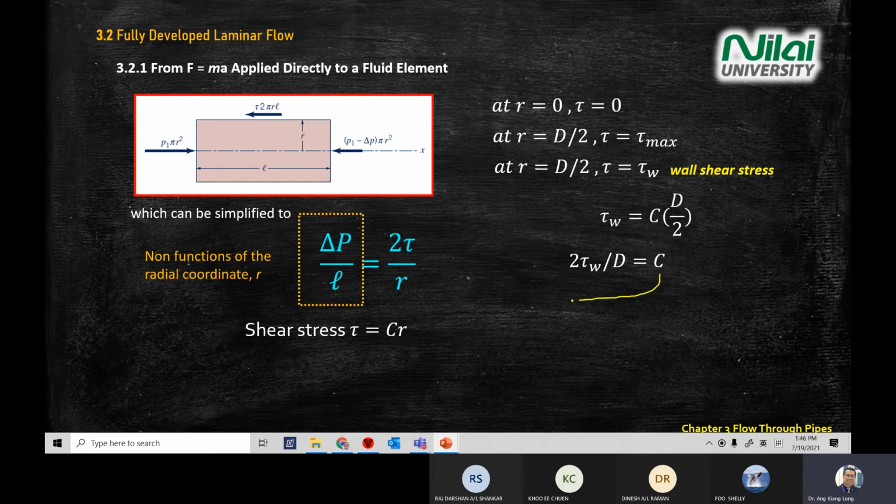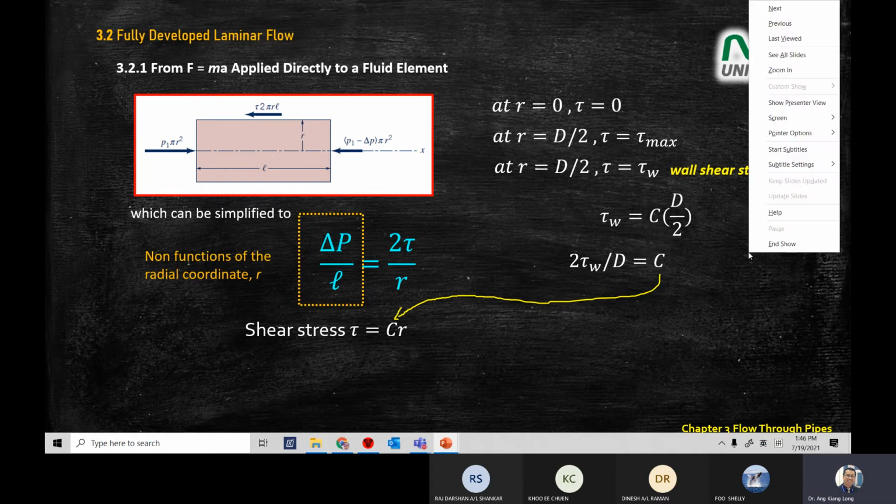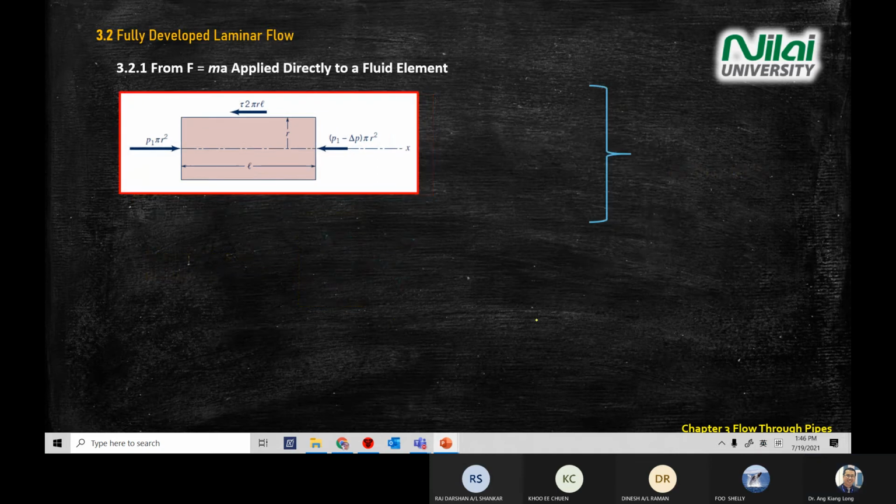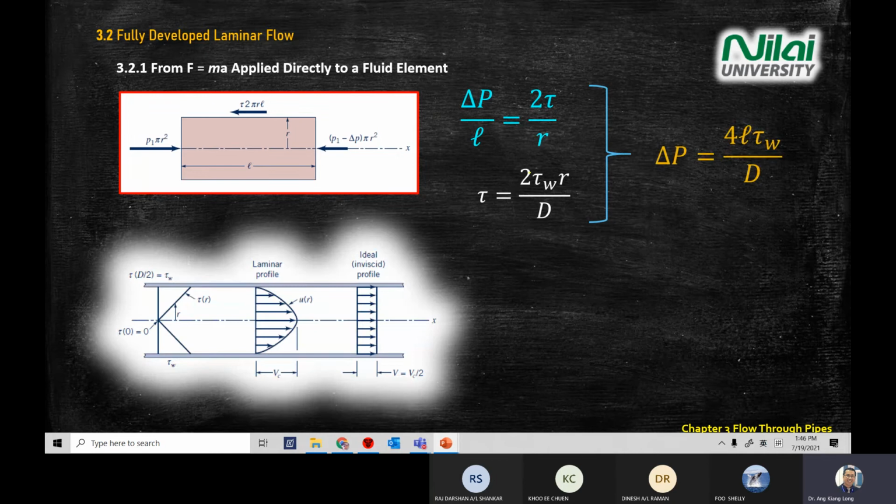After that, you get your C and substitute it back. As you can see, we substitute back here, and your shear stress will equal 2 wall shear stress times R divided by D. You can come back to this one later. After that, we combine these two equations.